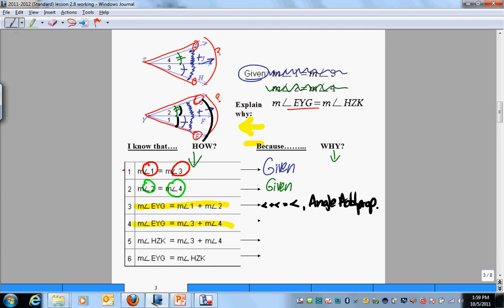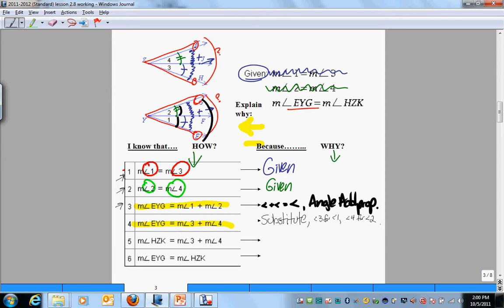Okay, so that's called substitution. We swapped out one and put in the other. So you write substitute. You would know which line it means, line number 1, line 2, line 3. So we substituted angle 3 for angle 1 and angle 4 for angle 2.